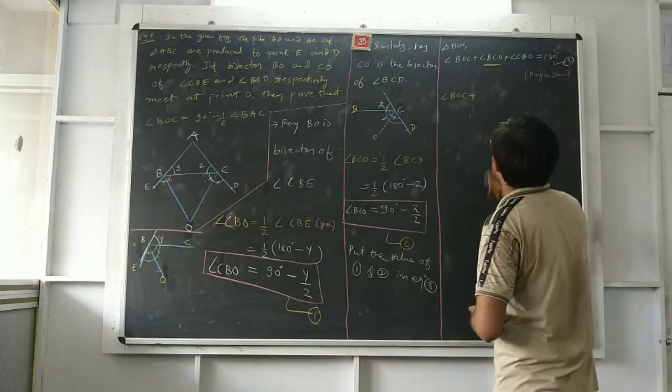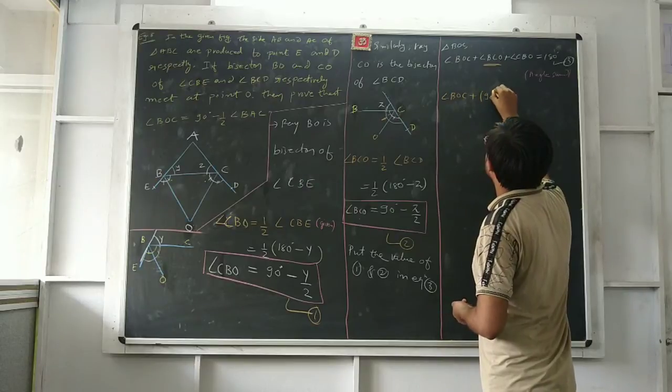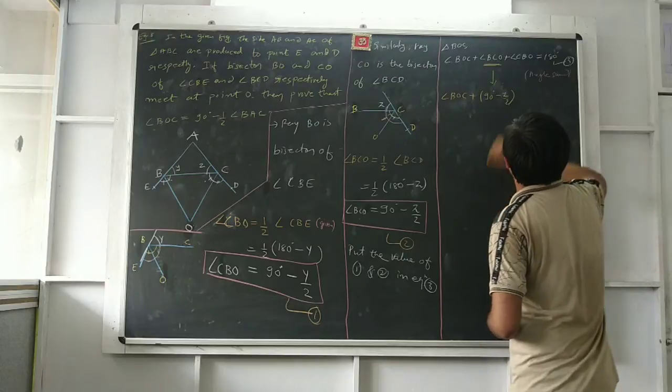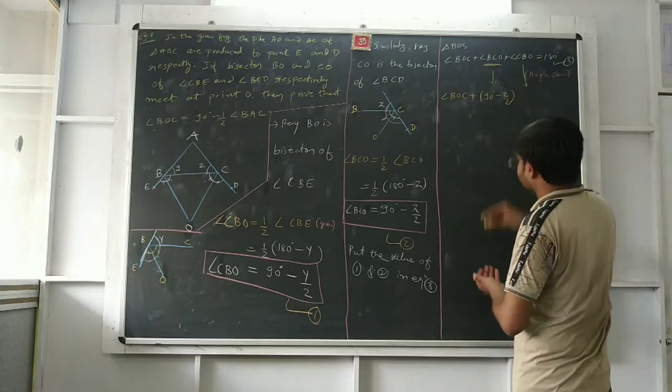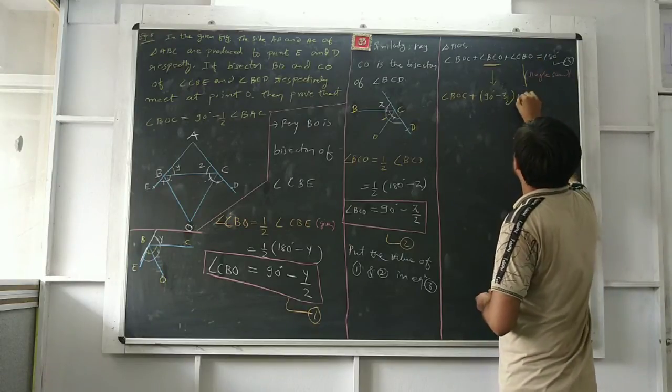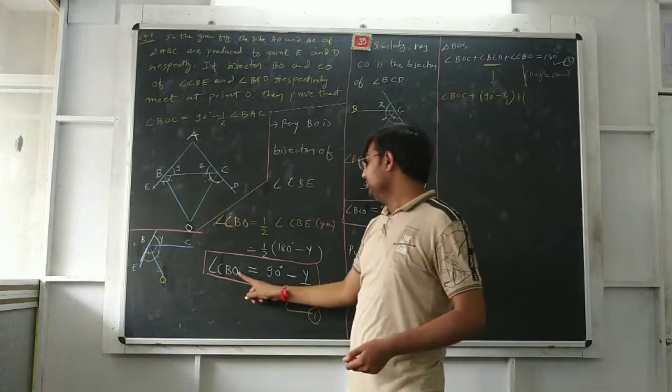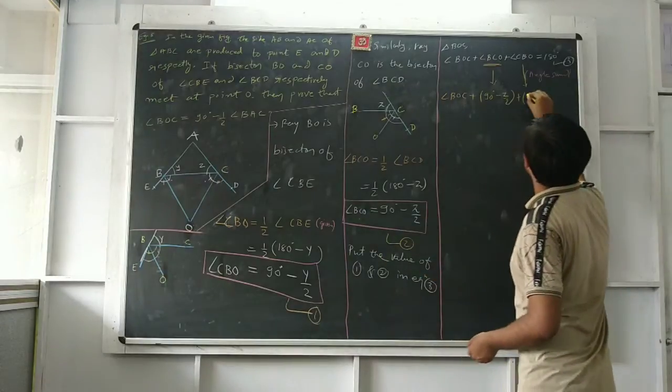And CBO, what is the CBO? Here CBO is 90 minus y by 2.